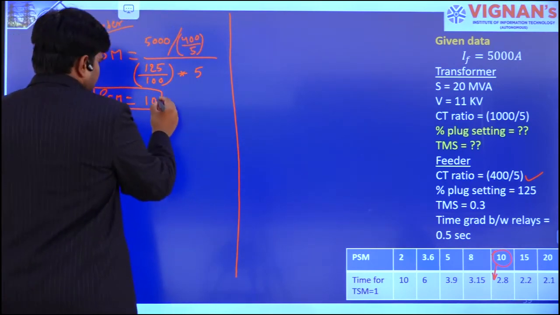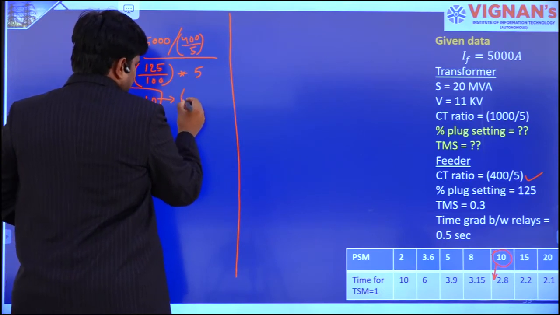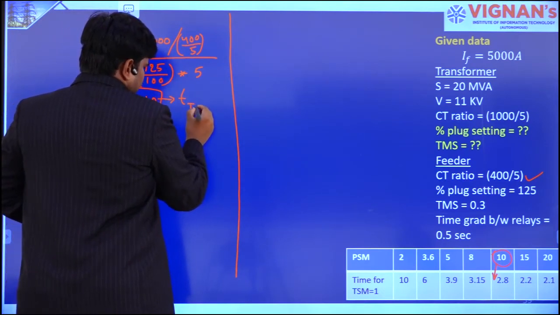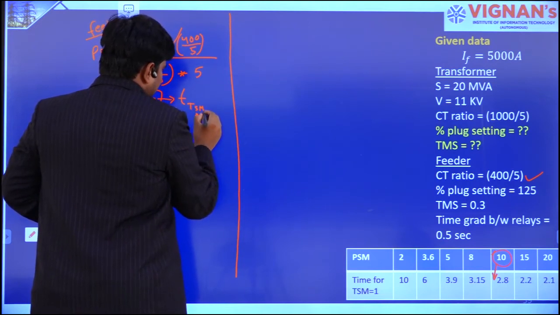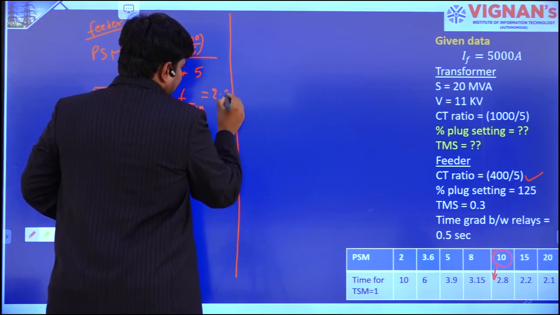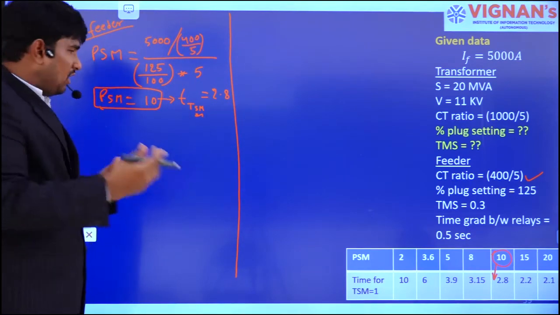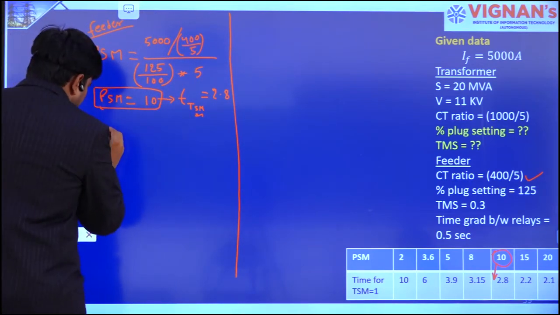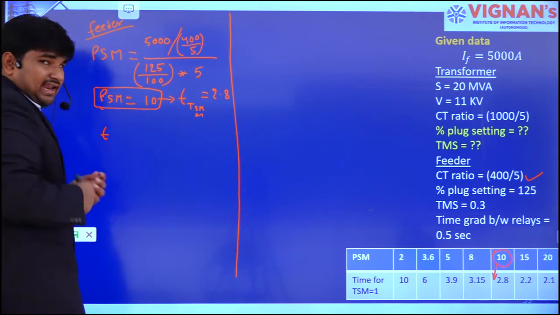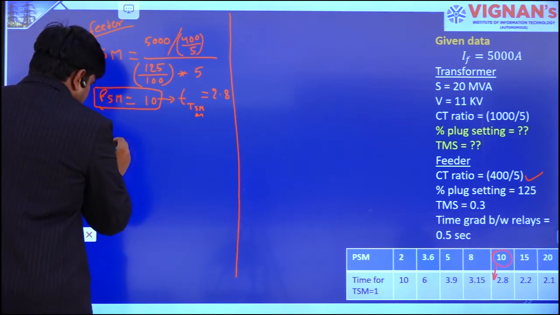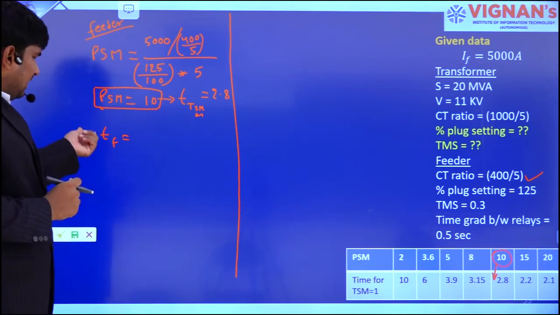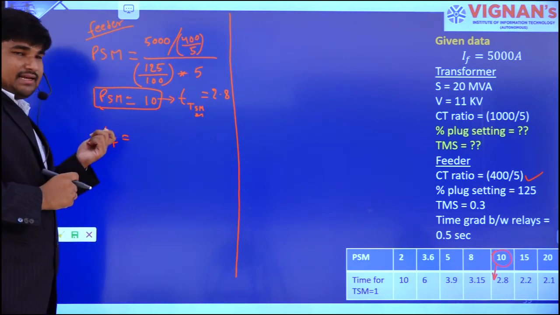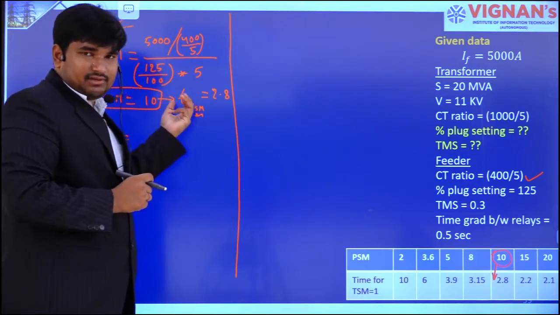So the nominal time at TMS equal to 1 will be 2.8. Now if you want to calculate the actual value of the feeder relay operating time, I denote this as TF, the relay which is present at the feeder.